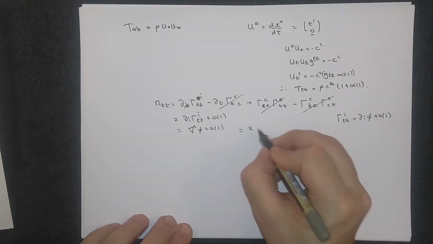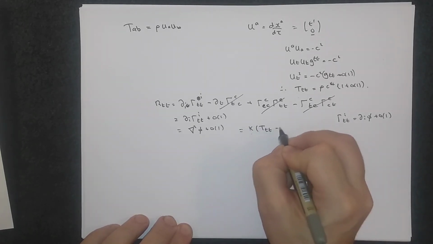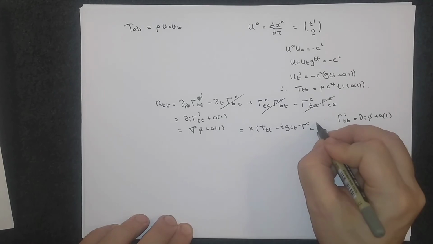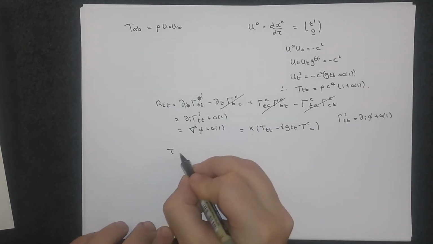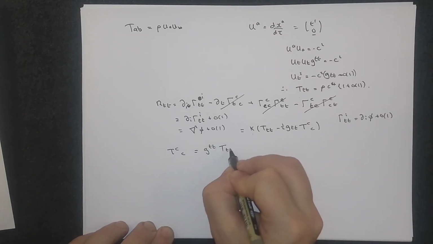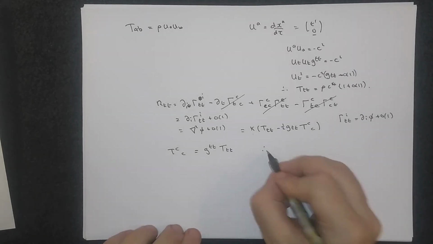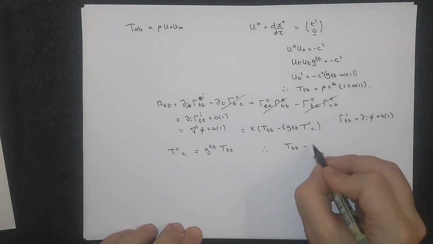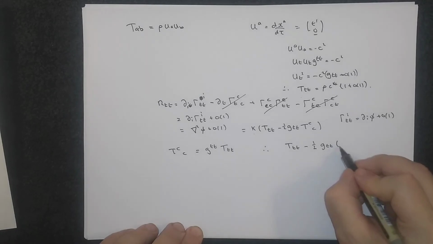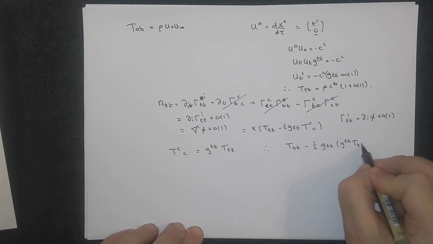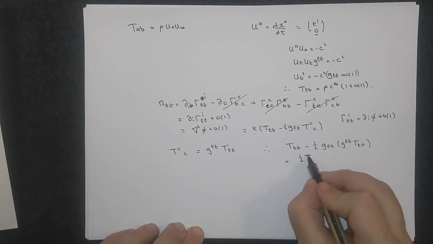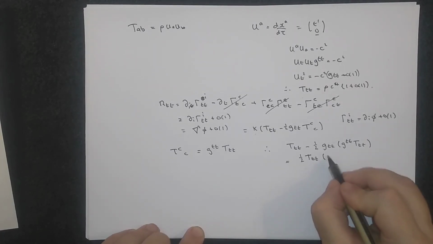And we know that's equal to kappa times T_tt minus a half g_tt T. Well, T is g^tt T_tt, and therefore T_tt minus a half g_tt T is equal to a half T_tt into 1 plus little o(1).